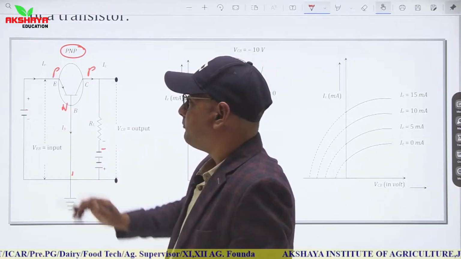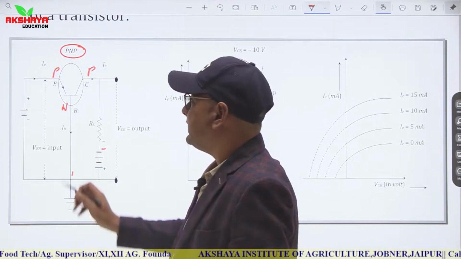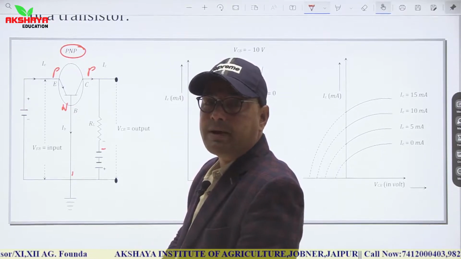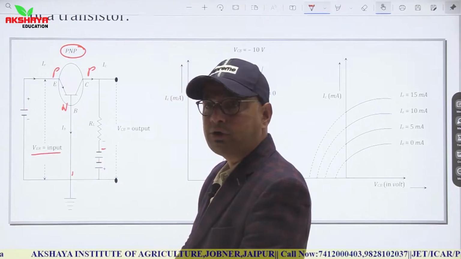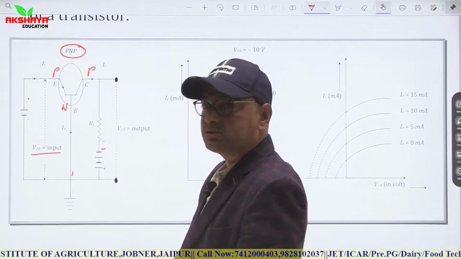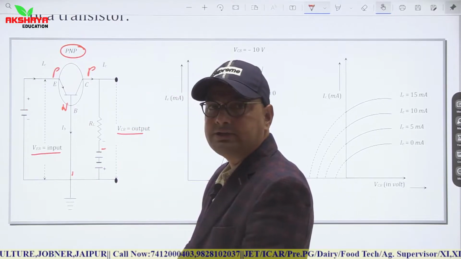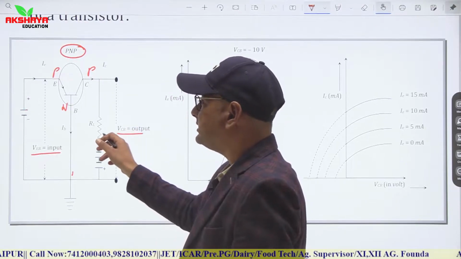If we talk about voltage or potential drop in input circuit, then as we know that emitter and base are connected, so potential across the ends of emitter and base is known as VEB, which is known as input voltage, while output is obtained at the ends of collector and base. So here output voltage is VCB, and this output voltage is acquired at the ends of a load.